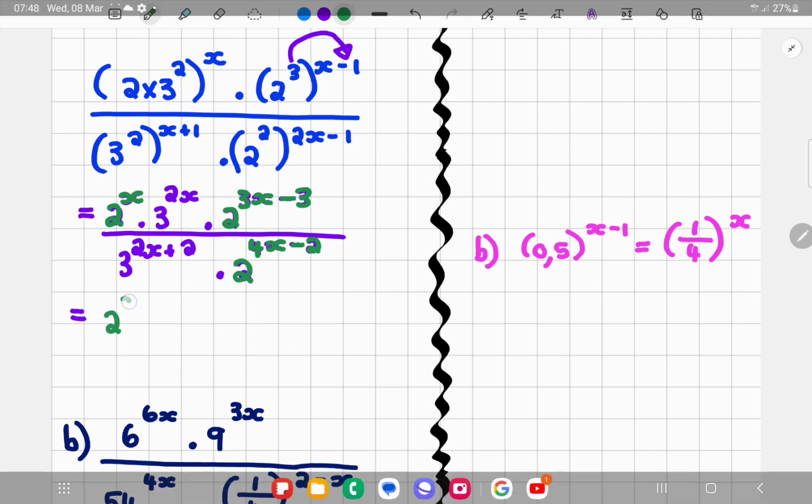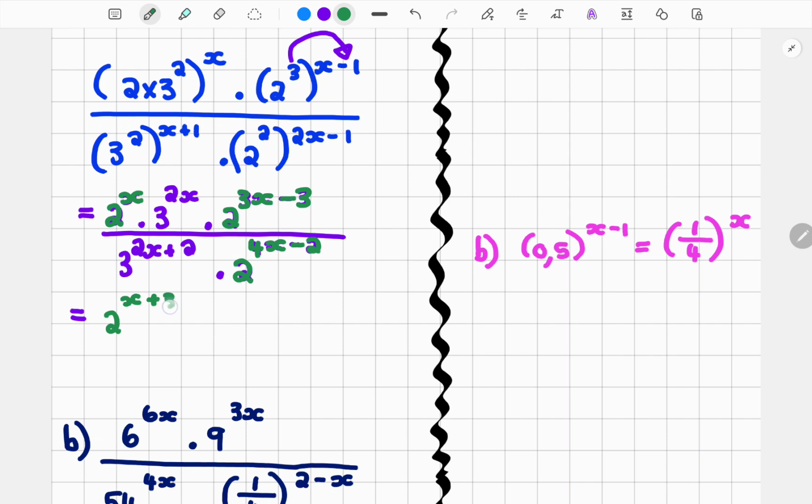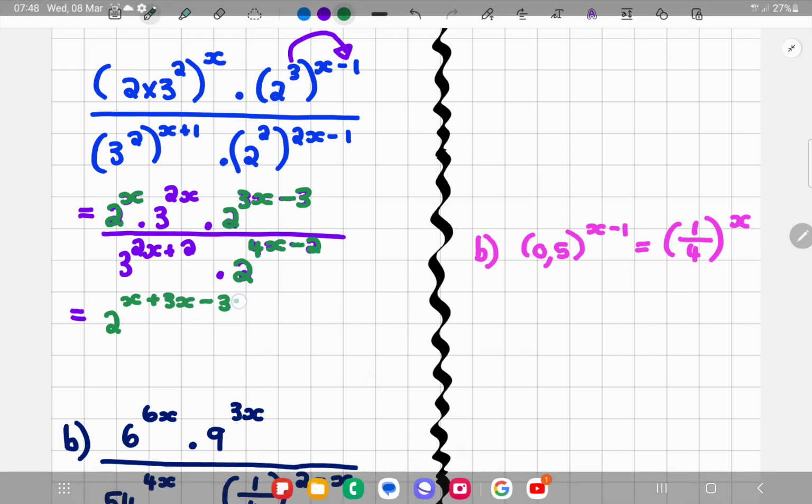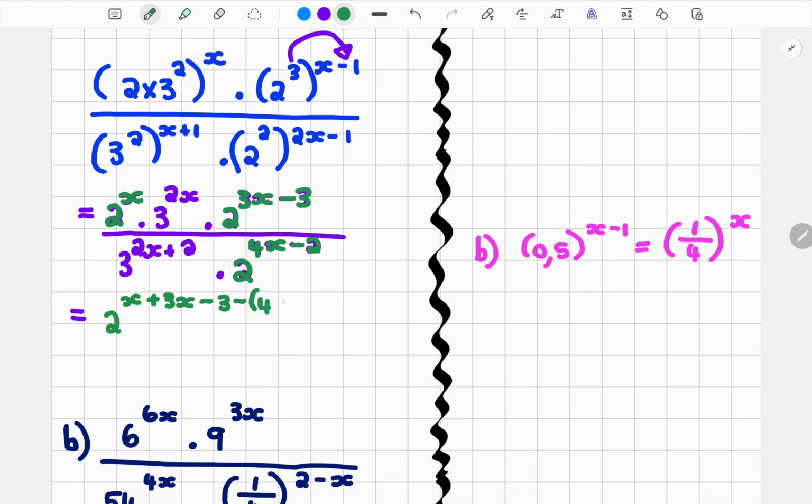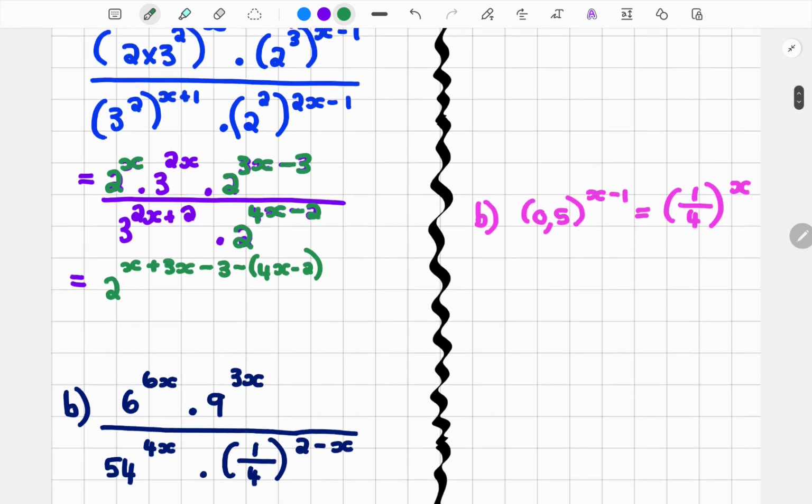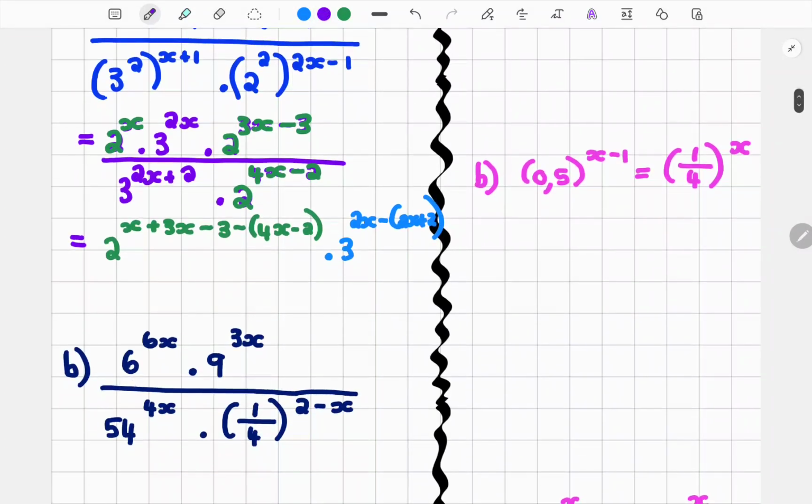So it's 2 to the power x plus 3x plus minus 3 stays a minus 3, and I'm going to subtract, very important to put it in brackets, 4x minus 2. Why? Because that negative has to distribute to both terms. And the other side is times 3 to the power 2x minus 2x plus 2. Sorry, you can't see it so nicely there.